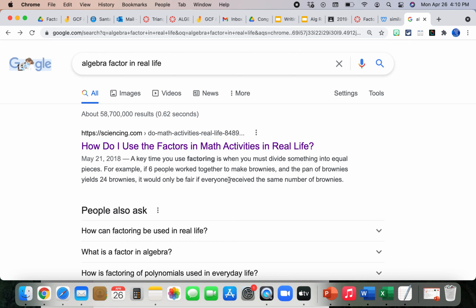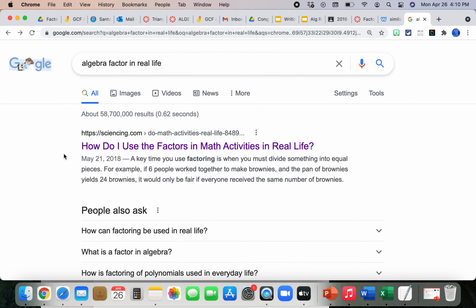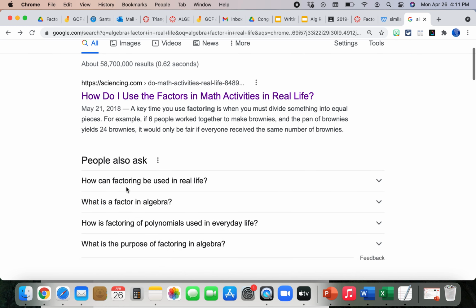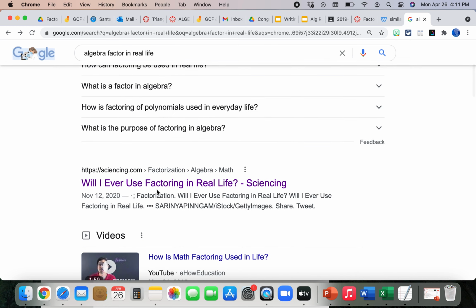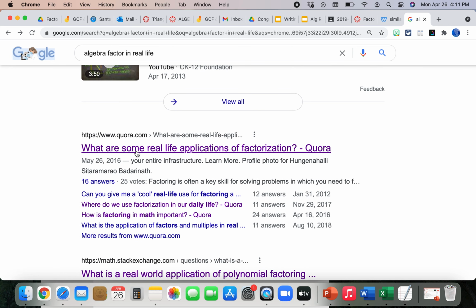Before I begin the lesson, I did go over the use of factoring in earlier videos, but I also want to point out, when you're in doubt, you can always ask Google nowadays, right? It's very convenient for you. The information is at your fingertips. This is what I did. I typed in algebra factor in real life, and I get tons of people ask and people answers, and you actually see professionals in the field of work that answer you.